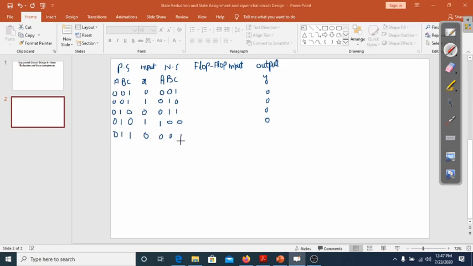When the present state is 0 1 1 and the input is 1, the output is 1, and the next state was 1 0 0.